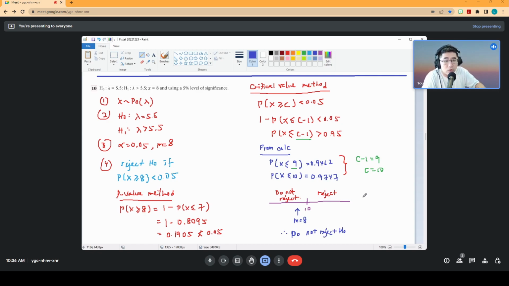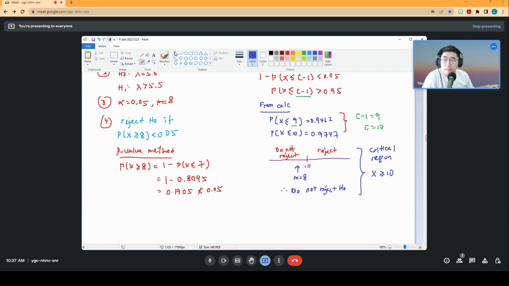Okay. So over here, the critical region is x is greater equals to 10 up to infinity. Okay, for Poisson. So over here, we do not talk about the actual significance because this one is a do not reject case. So we don't talk about this one. Okay.